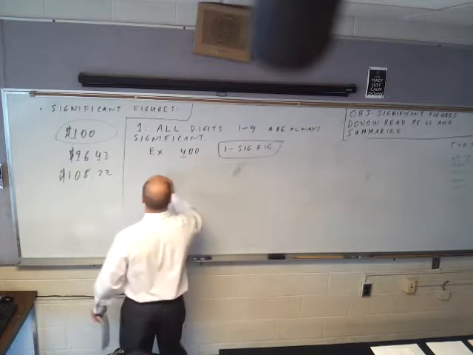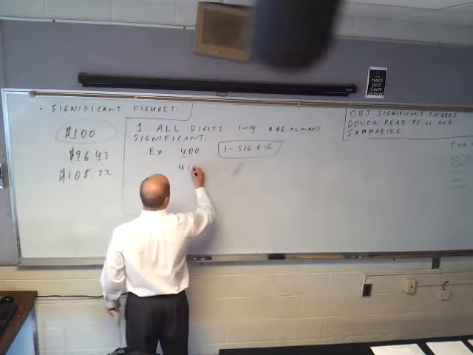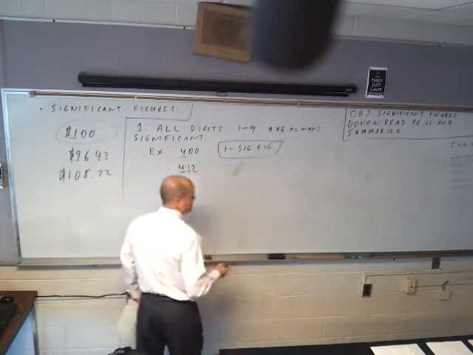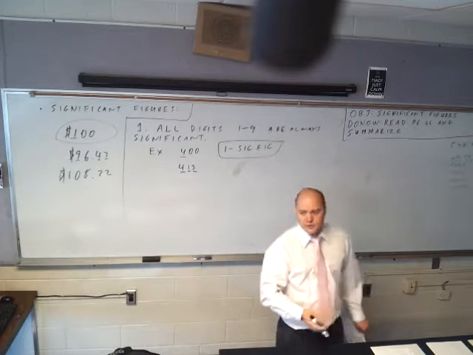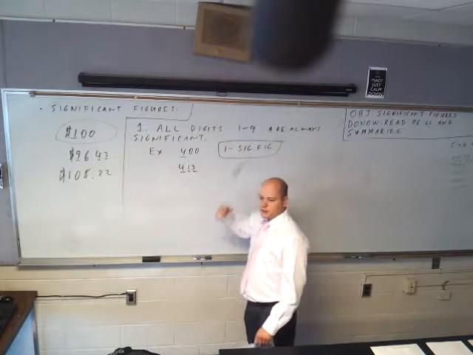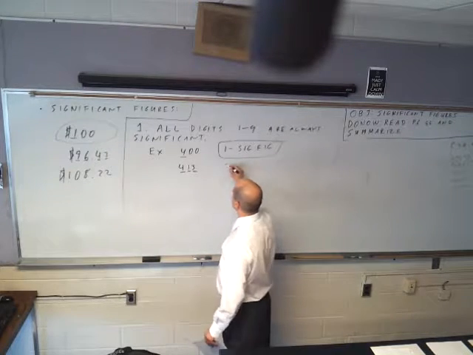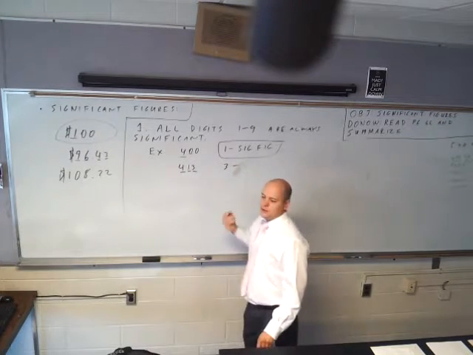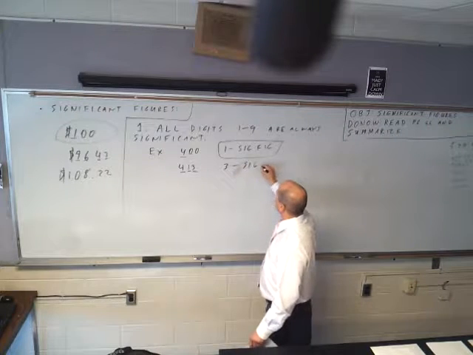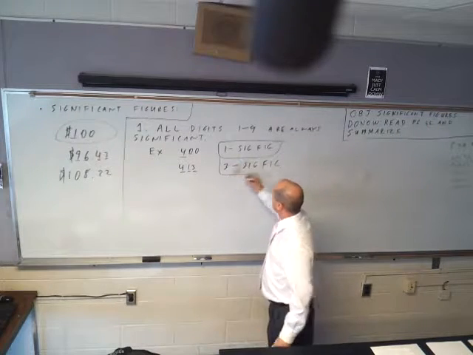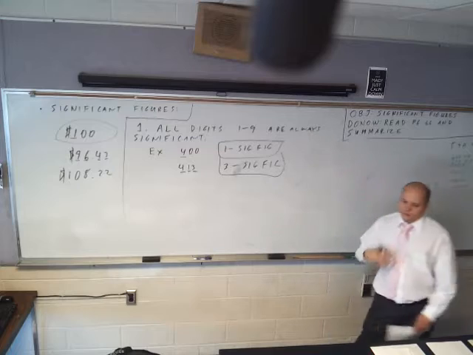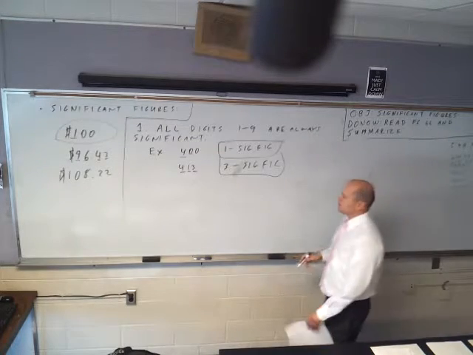On the other hand, if you see a number like 413, these are all non-zeros, that's 3 significant figures. And if somebody says 413, in your mind you would think that's a much more exact number. They're telling me exactly how much. Versus if somebody said 400, you kind of know that that's kind of an estimate. So more significant figures means a more accurate number.